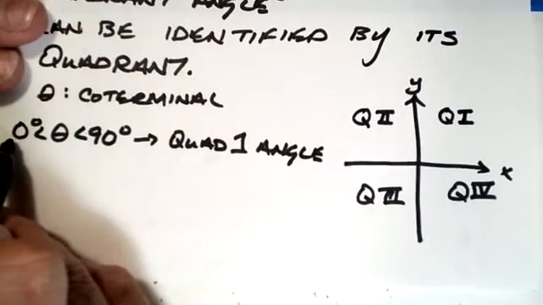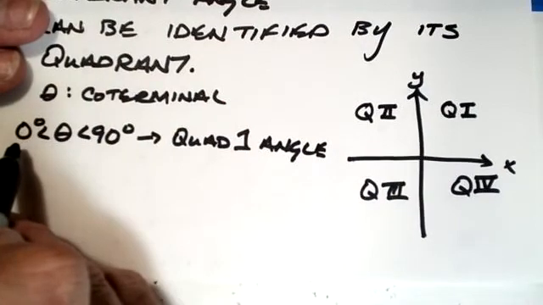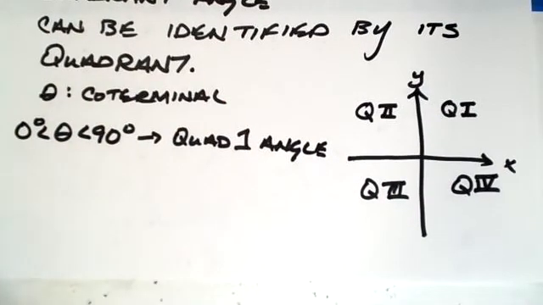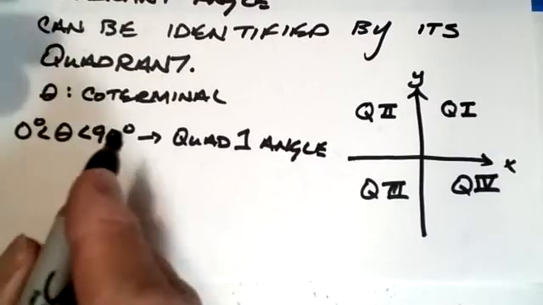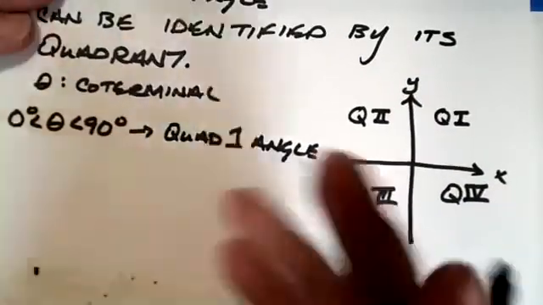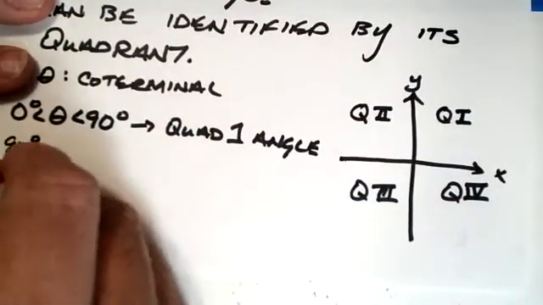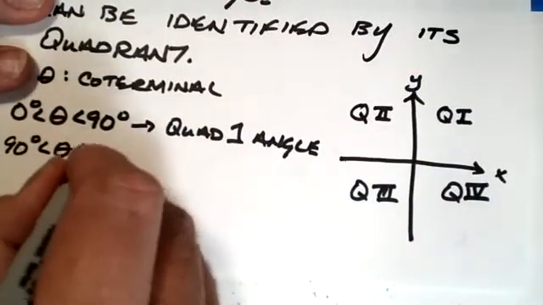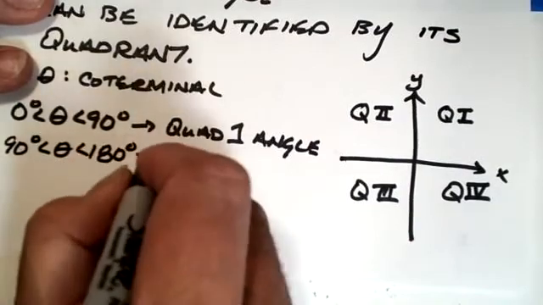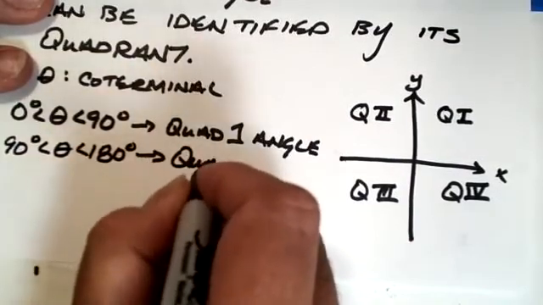Now notice if it measures 0, that's actually a quadrant angle, which is weird. Quadrant angles don't lie in any quadrant; they define the quadrants. And a 90 degree angle would also be a quadrant angle. So we skip over the value of 90. If it's between 90 and 180, then that's a quadrant 2 angle.